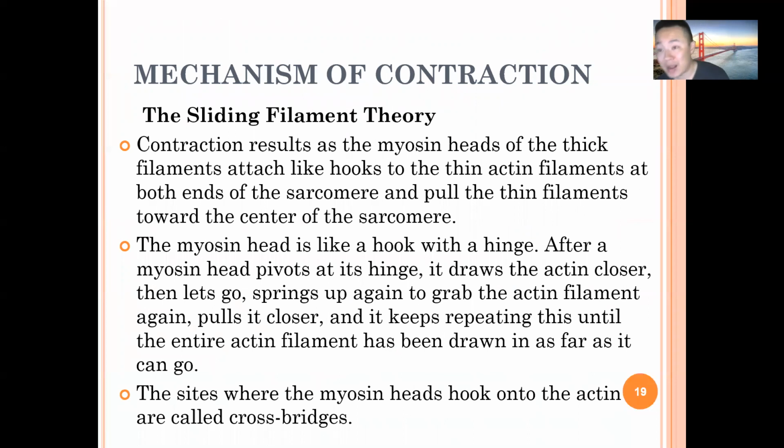Now, how muscles contract, there is the sliding filament theory, and the contraction results as the myosin heads of a thick filament attach like hooks to the thin actin filaments at both ends of the sarcomere. And the sarcomere is the fundamental unit of a muscle, and it pulls the thin filaments toward the center of the sarcomere. The myosin head is like a hook with a hinge.